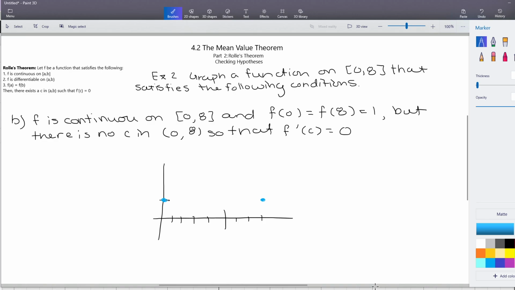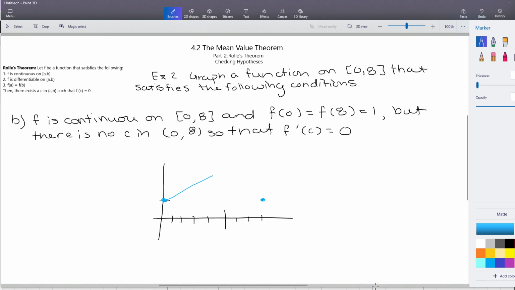Now, one thing that comes to my mind is to draw something that does go up, but when I go to come back down to connect to my other endpoint, I don't want to curve it back down and slope it, because that will make a local maximum, and it will be a place where we know the derivative is 0 because there's a horizontal tangent.